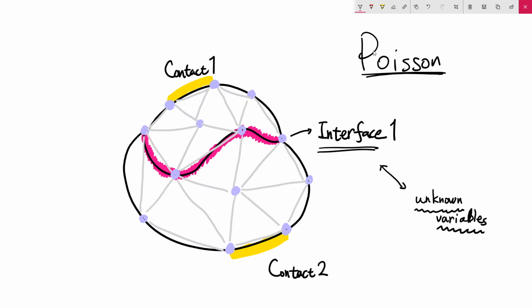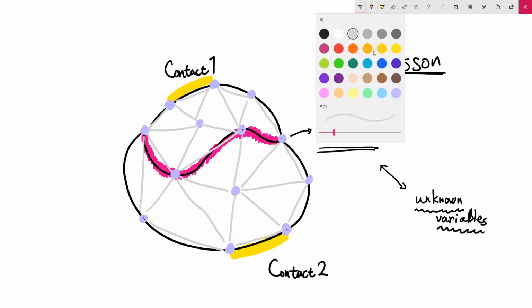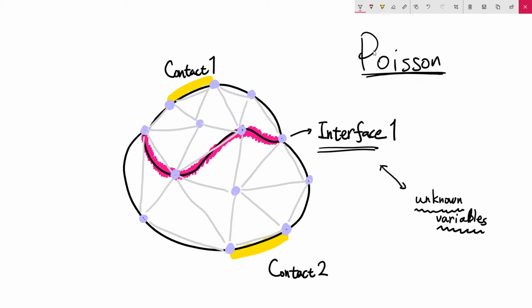If you have such a thing, how many points are there? Say just this one is one. This one is, you have one, two, three, 4, 5, 6, 7, 8, 9, 10, 11, 12, 13.